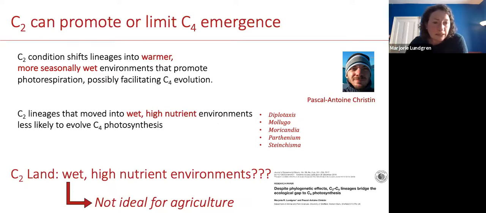So if you want to know what C2 land is, if you think of C3 land being wet and cooler, maybe dark, and C4 land being bright and warm, then where C2 plants are most thriving, if the answer is that they do best in wet and high nutrient environments, that doesn't really make them ideal for an agricultural setting.